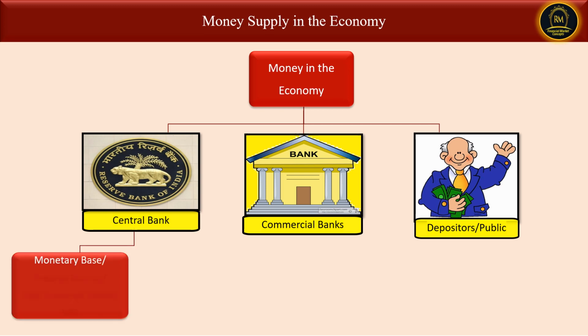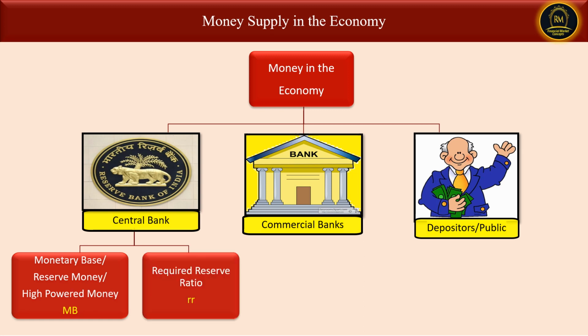Number one is the monetary base, which we can also call reserve money or high powered money. And another one is the required reserve ratio, that is CRR, which is decided or fixed by the central bank.